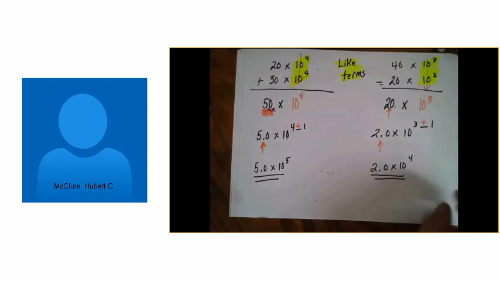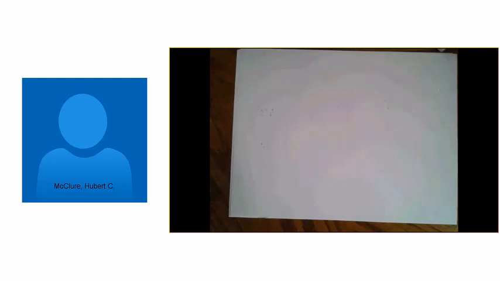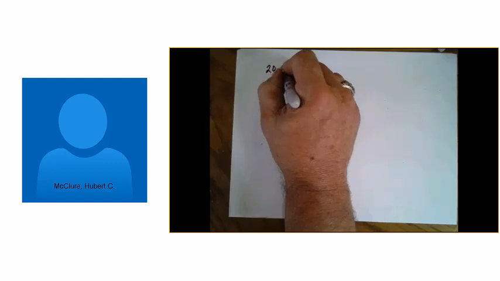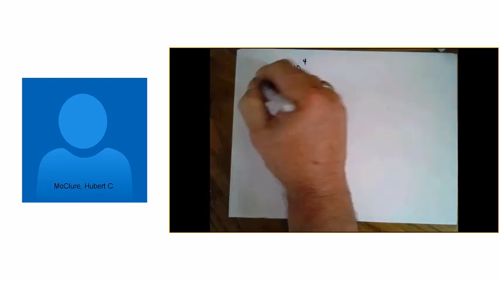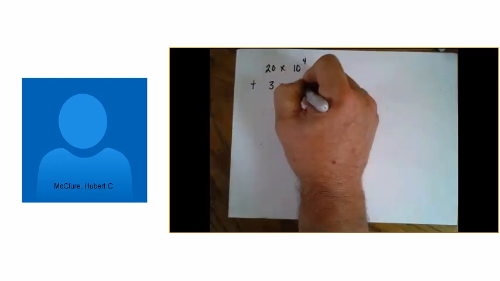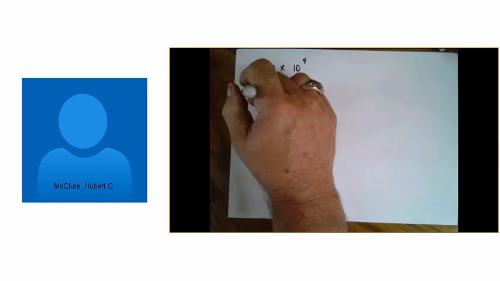Nope. Now, what happens if you're adding and it doesn't turn out to be the same? Well, I'm going to show you, and then I'm going to show you what the rule is. So, 20 times 10 to the fourth plus 3 times 10 to the third.